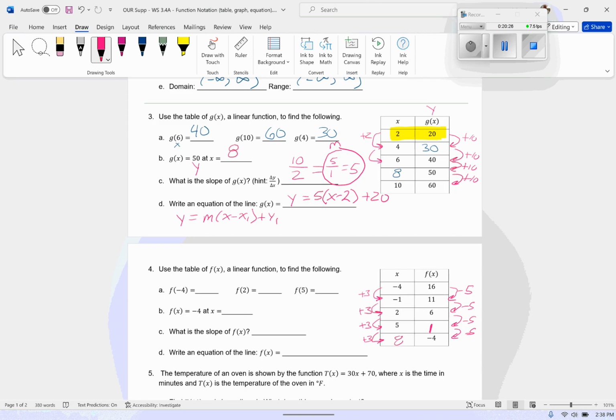So what is f at -4? 16. Good. What is f at 2? 6. And f at 5? 1. Okay, and then we change gears a little bit. If I have f at x equals -4, what does x have to be? 8. Love it. You get what we did?